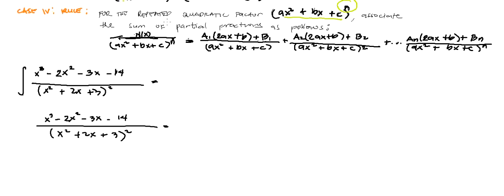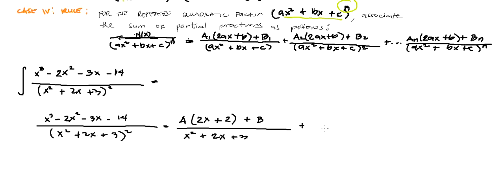Okay, then from our form, it is equal to A1, let's call it A, times 2x plus 2. Our a here is 1, so we have x, plus our b is 2, plus another letter all over this quadratic x squared plus 2x plus 3.